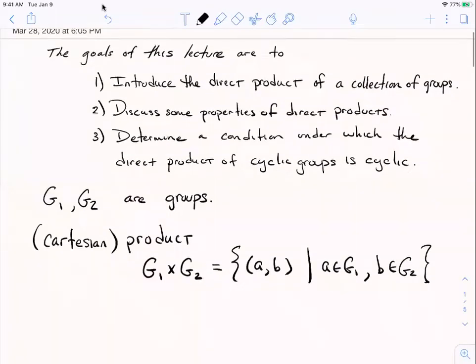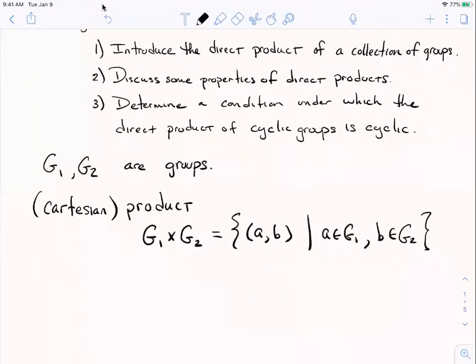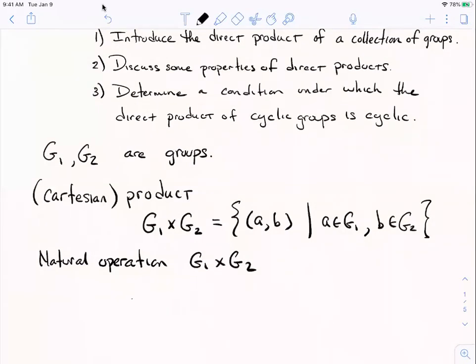And then what I'd like to do is make that into a group. There's a very natural operation on G1 cross G2. If we take two elements of it, say an (a1, b1) and an (a2, b2), it's implicit in my notation that a1 and a2 come from the group G1, b1 and b2 come from the group G2.